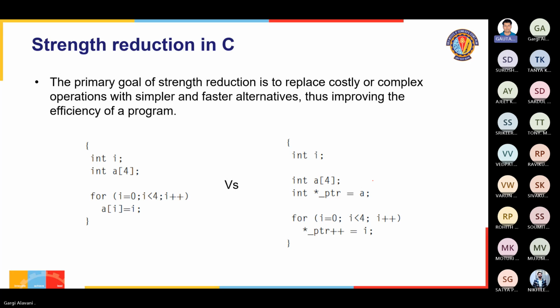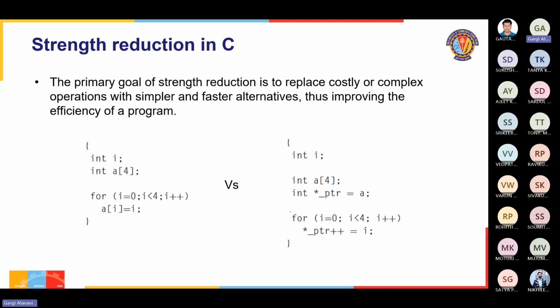I think the second one is better. Yeah. And why is it so? It's accessing the low level address directly. It is utilizing a pointer.